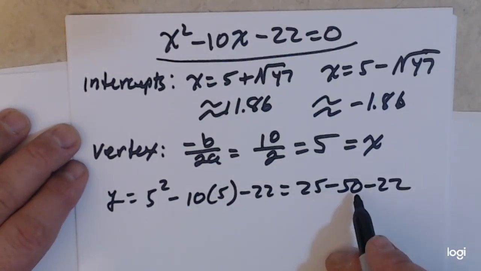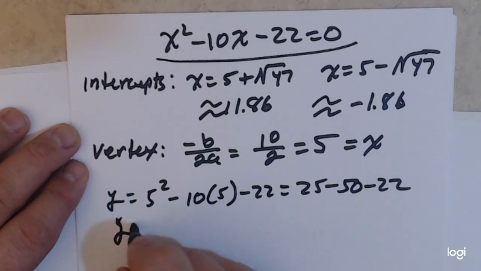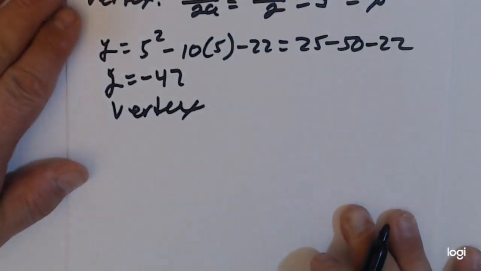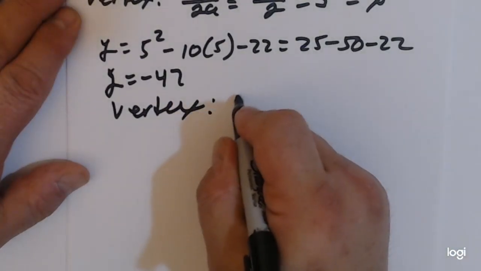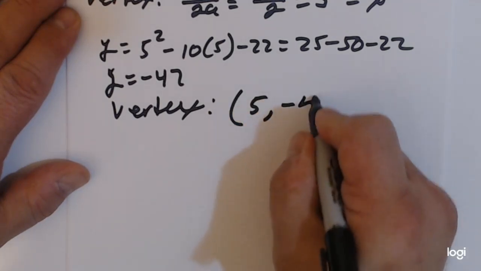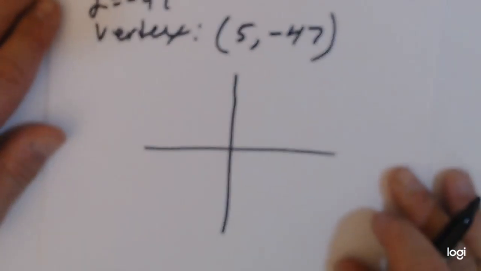And let's see, 25 minus 50 is negative 25, minus 22 is negative 47. So y equals negative 47. So the vertex is 5 comma negative 47.